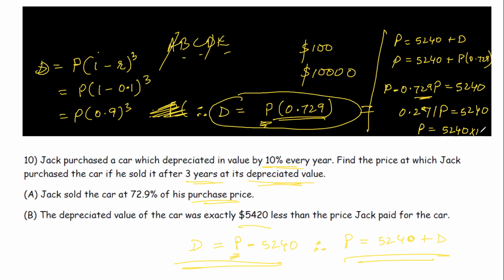So I'm going to multiply it by 1000 to get 271, and 5420 becomes 5,420,000. So it becomes a perfect multiple.